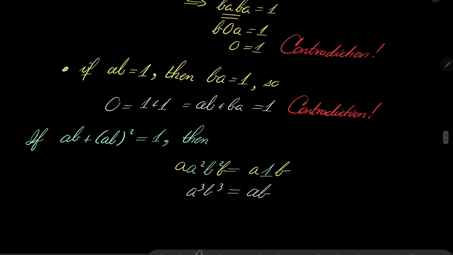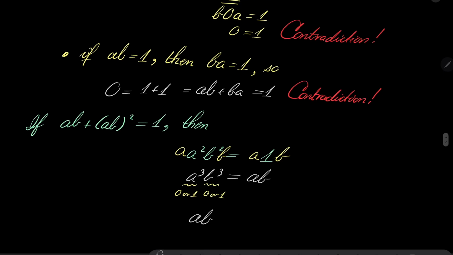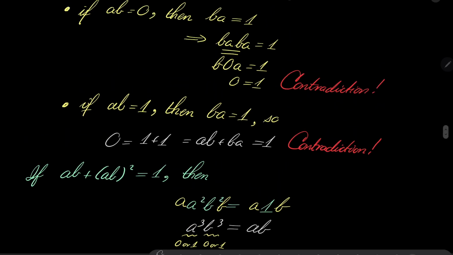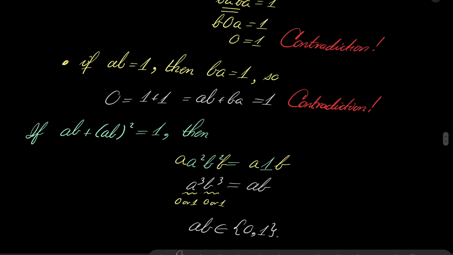Alright, but remember that by our assumption A cubed is either 0 or 1. B cubed is also 0 or 1. So the product of two such numbers is again either 0 or 1. AB is either 0 or 1. But notice that now the same will happen as above.